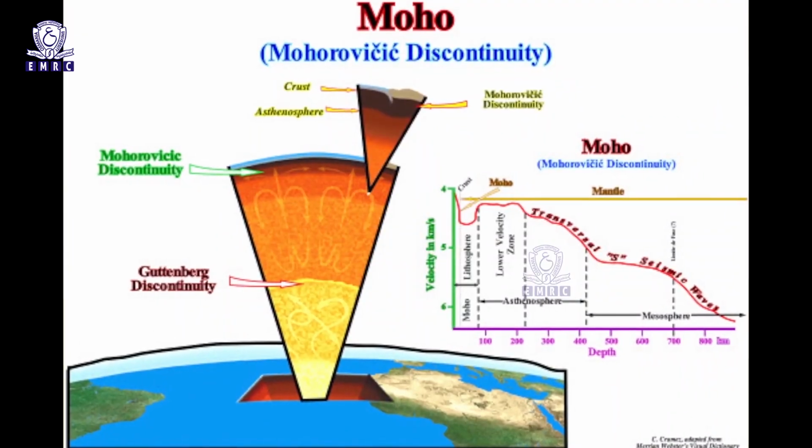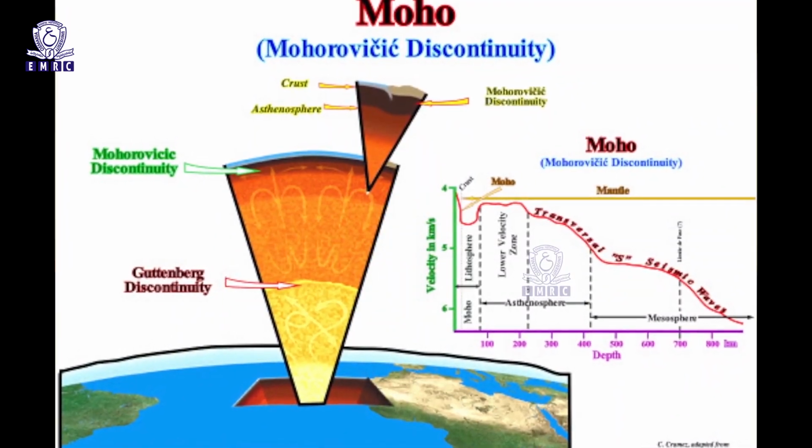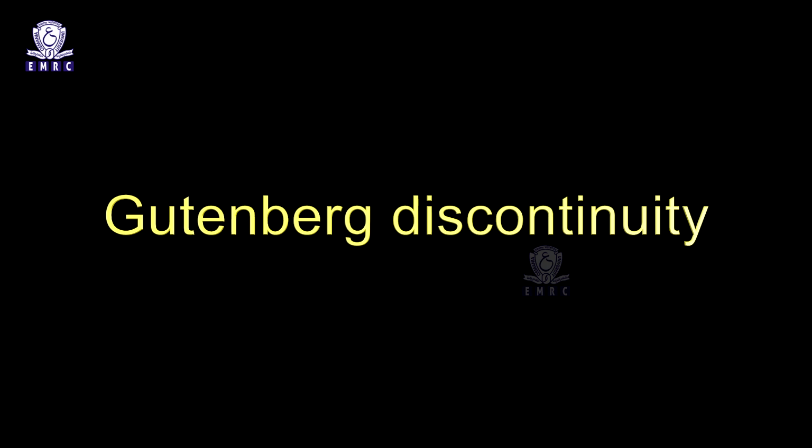At the base of the lower crust, earthquake waves increase abruptly in velocity as they enter the denser zone, the mantle. This boundary is called the Moho discontinuity. Gutenberg's discontinuity. This transitional zone defines the mantle-core boundary, which is located at a depth of 2,900 kilometers.